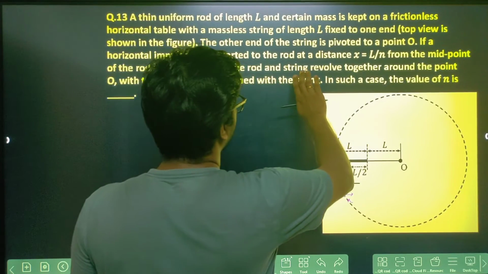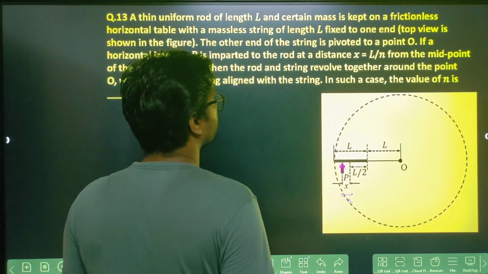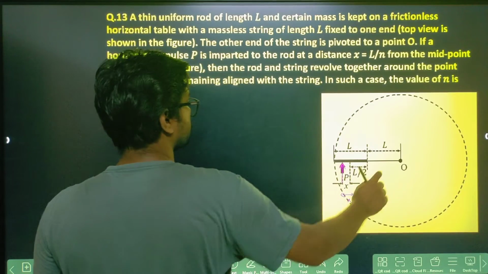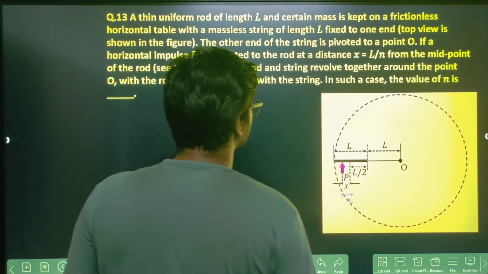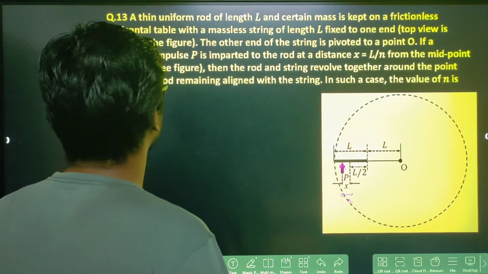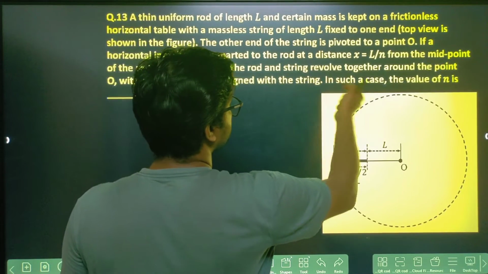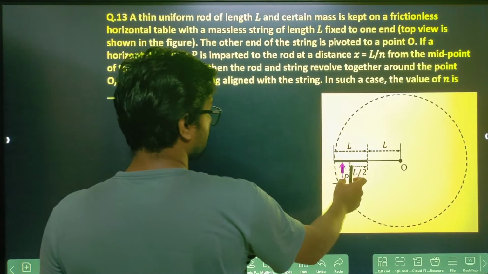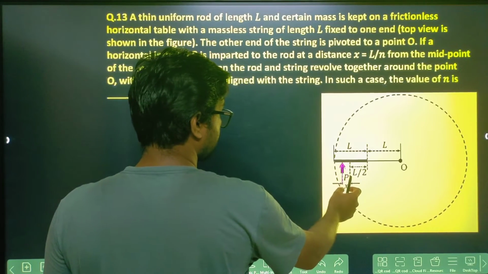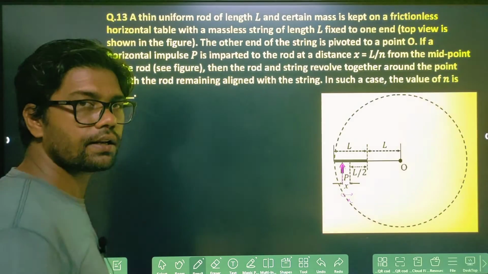Then the rod and the string revolve together around that point O. So it will be revolving around a circular path around point O, with the rod remaining aligned with the string. In such case the value of N. So they are asking what will be the value of this x. From there you can find out N easily.